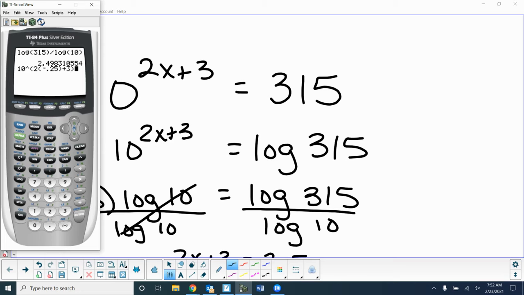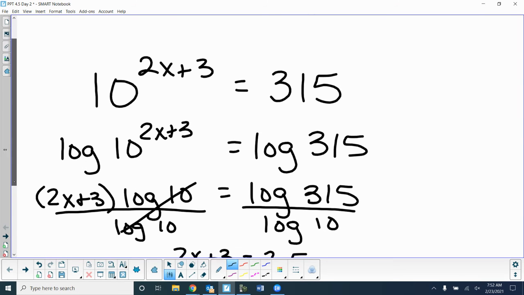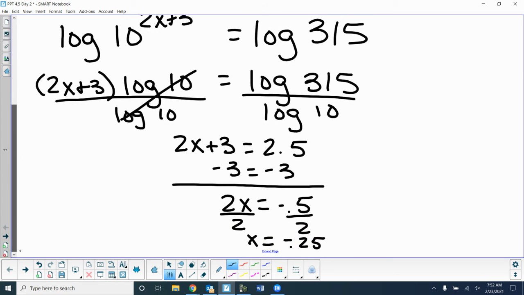Plus 3. Again, I rounded that. It should be, I did some rounding, so it might not be quite 315. Let's see. Yeah, it's a little bit more because I rounded it. If I wouldn't have done any rounding, we'd work it out. Okay? So the negative is okay in that situation. We weren't taking logs, so it should work. But it's good to check.